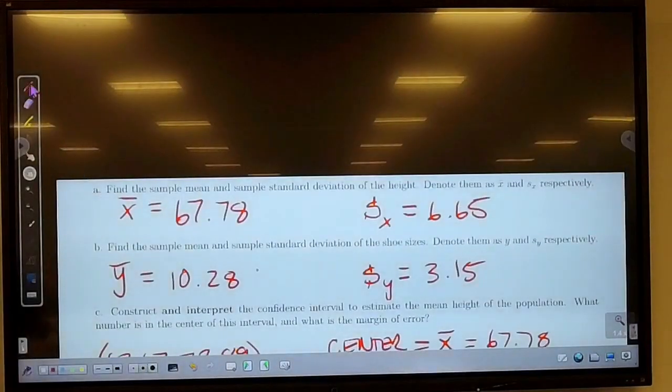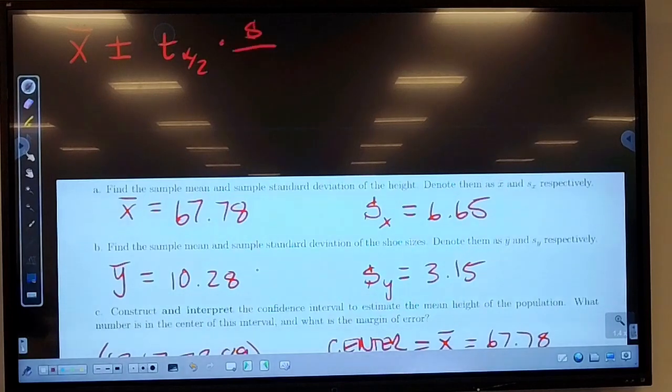So, look, what was the confidence interval? X bar plus or minus the error. This was the definition of the confidence interval. We said that the error must be t sub alpha over 2 times s over the square root of n. Now we could do it this way.